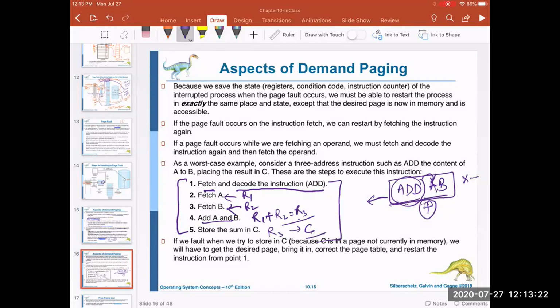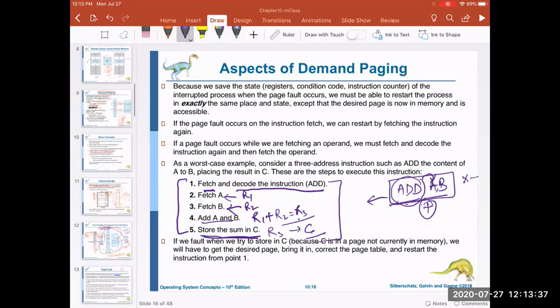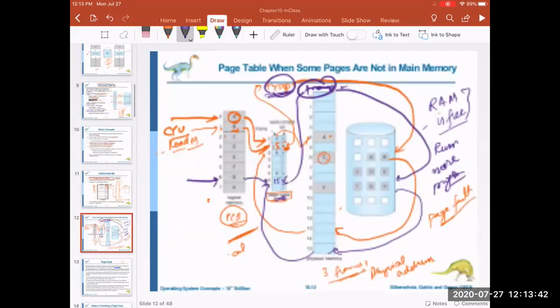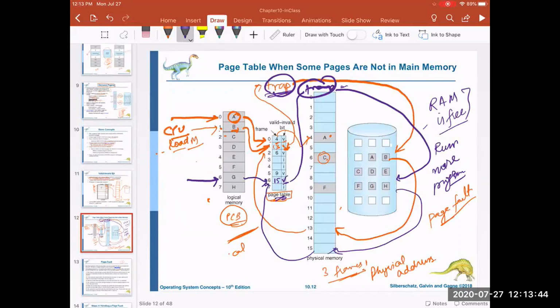Now what happens? Let us suppose, because we have split the whole information into pages, where you want to store C is on a page which is not inside the memory. Let us suppose I want to fetch C location, which is inside this particular page and which is not available inside memory. So what would happen?